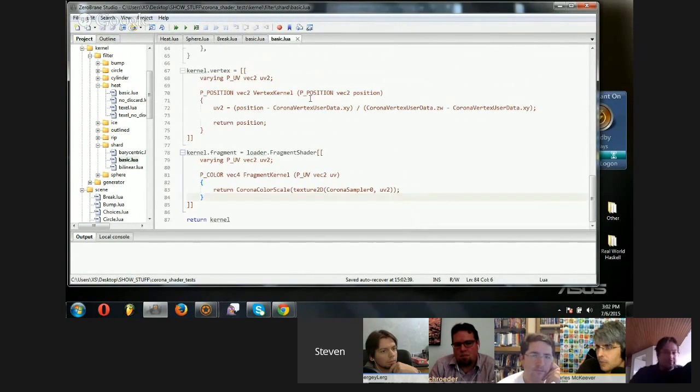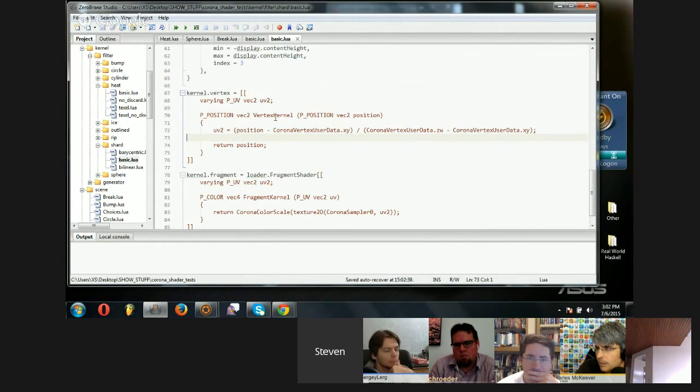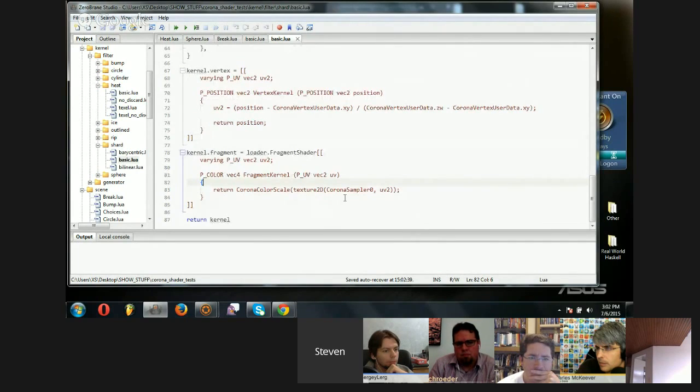Right. I'm using a vertex shader to calculate the local x and y coordinates, and I interpolate those. That way, you don't get the distortion showing up from perspective correction.